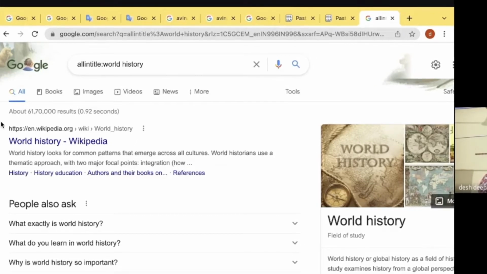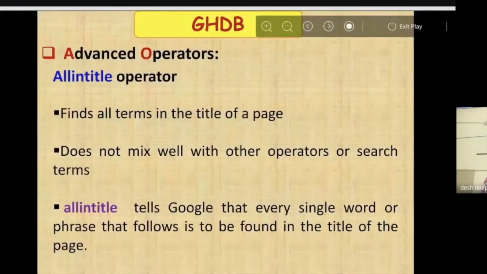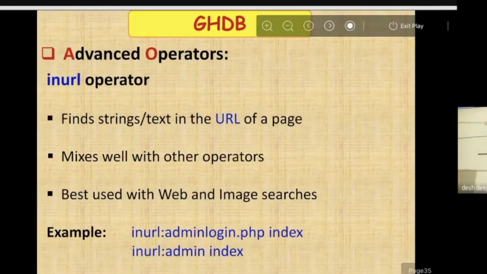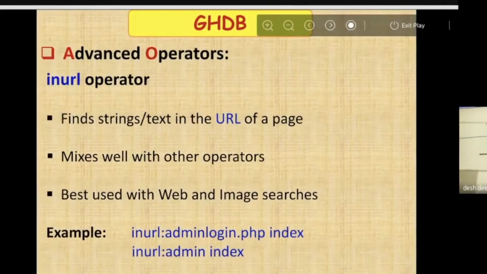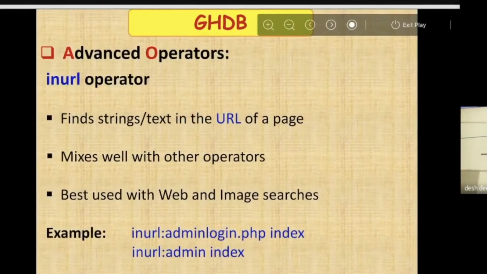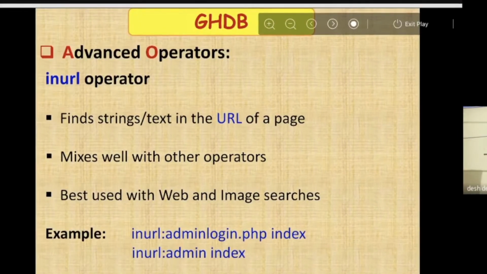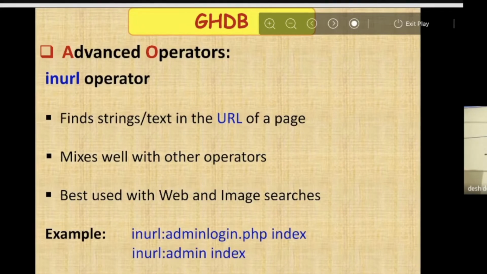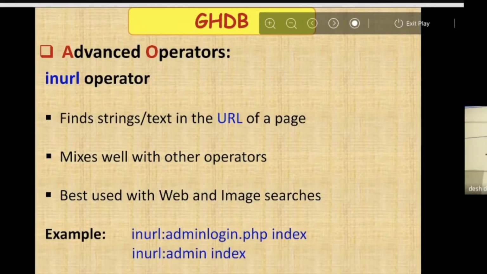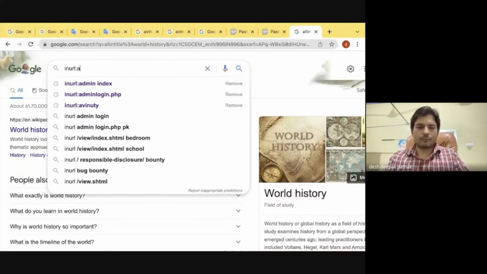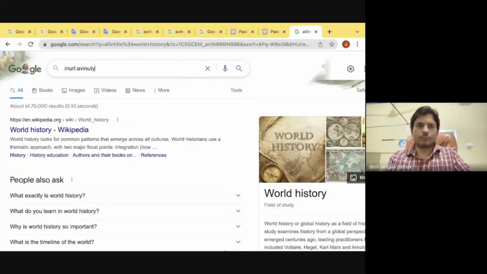Now the next operator, the in URL operator, one of the crucial operators, very important. What it does is find the string and text in a URL. Suppose I am searching for it, what would be the result?